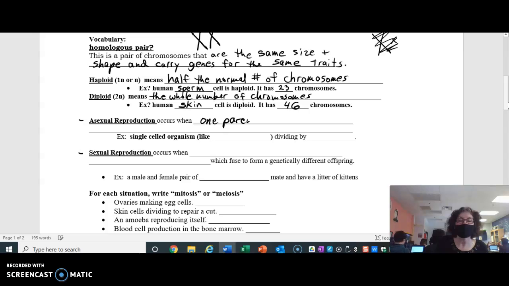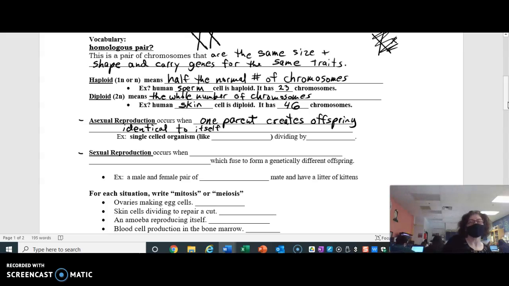One parent creates offspring identical to itself. So no sperm and egg get made.